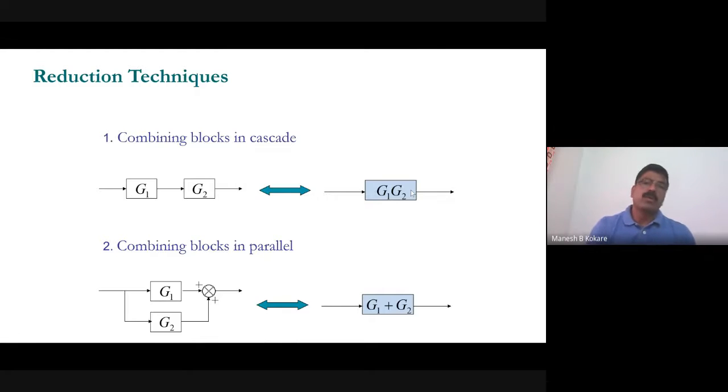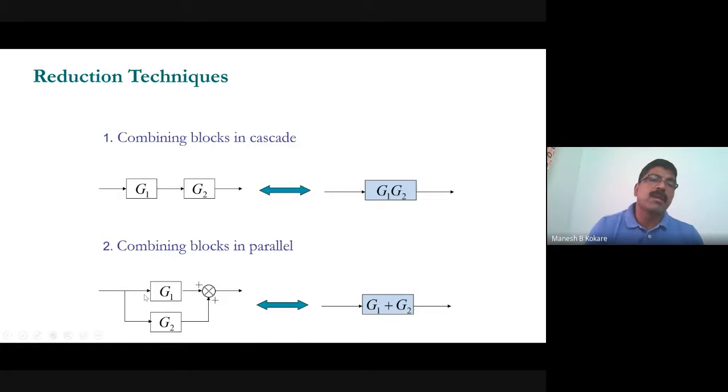Now, the second rule: if two or more blocks are connected in parallel, like for example, this block Z1 is there and another block Z2 is there. Why are we saying these two blocks are connected in parallel? See that the input is common to these blocks, the signal direction is the same, and the output is just summed. If this situation is there, then we can say those blocks are connected in parallel.